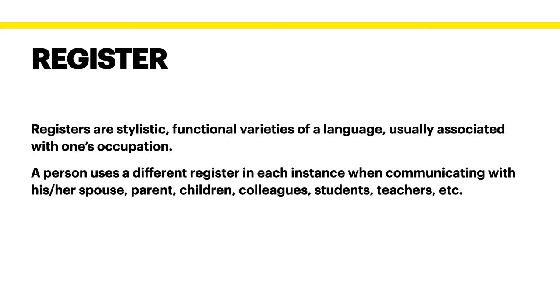If you're speaking to your sibling, you will use a different register. If you're talking to your friend, you will use a slightly different register. You won't talk to your friend like you talk to your brother or sister, right? And again, if you're talking to your teacher, you will use a slightly different register. So register basically refers to the stylistic varieties in a language, and they are used for different functions or different purposes in different contexts.